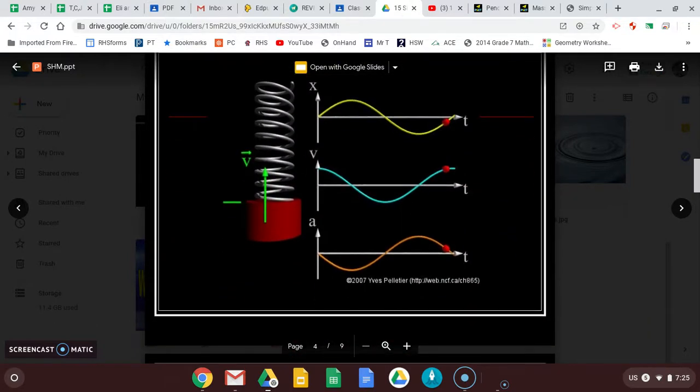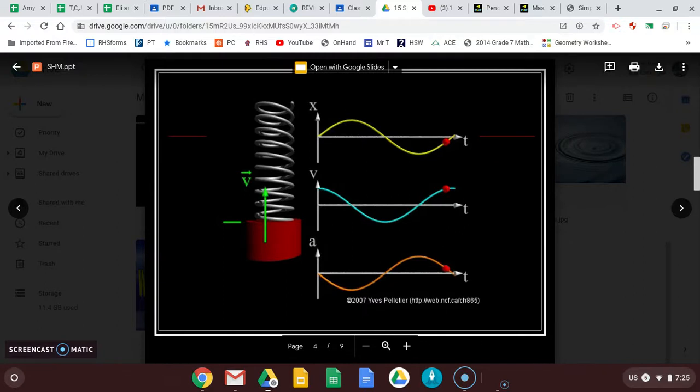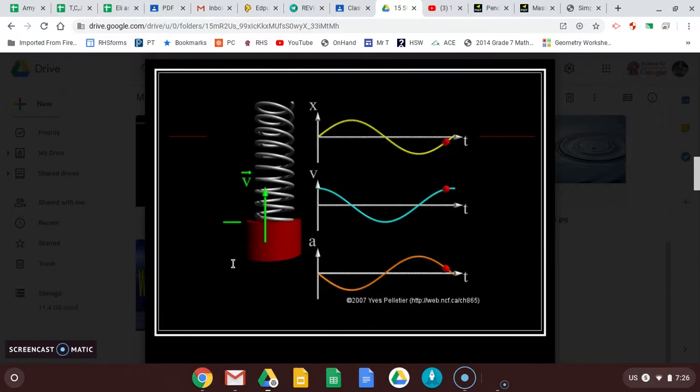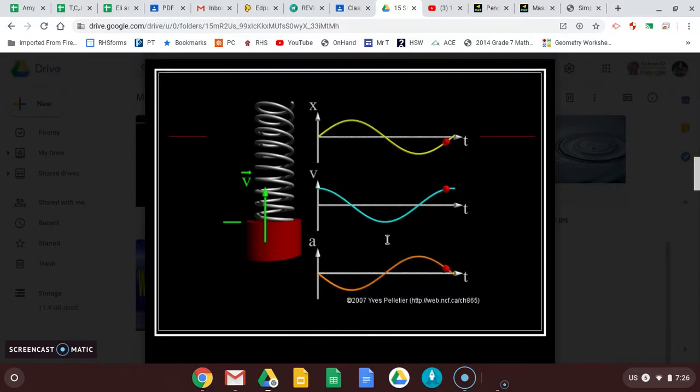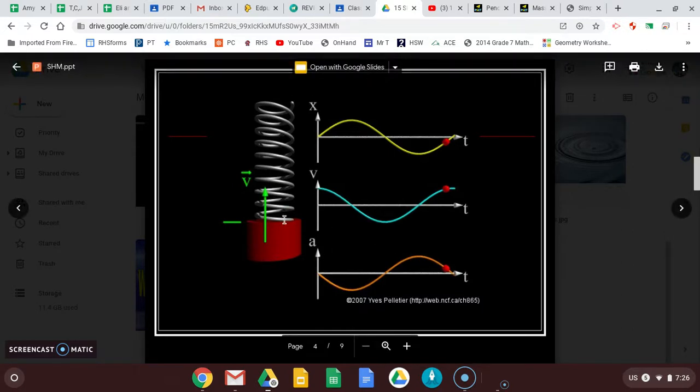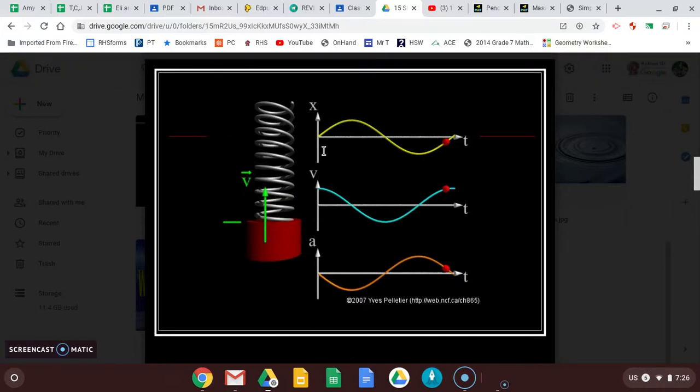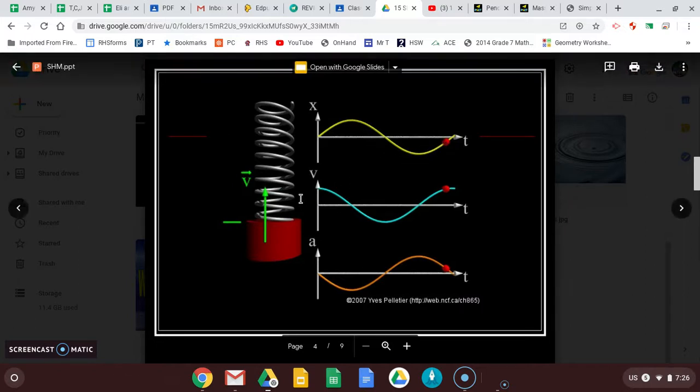One of many reasons that objects in SHM are just like any and all waves is that if we actually graph their motion or their velocity or their acceleration over time, of let's say a spring pendulum in this picture, bobbing up and down, back and forth, it actually makes what we call sine waves, or cosine looking waves, for all you that remember that from trig.